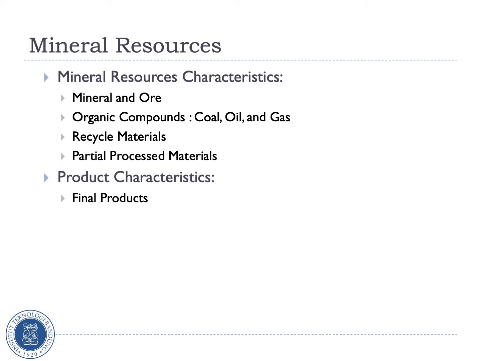So the first one is mineral and ore, organic compound, and also recycled material. Recycled material from urban mining, from scrap metals, can be used as the mineral resources, and also partial processed materials that I will explain later. And also we will learn about product characteristic of the metal and also what is the properties of the final product.